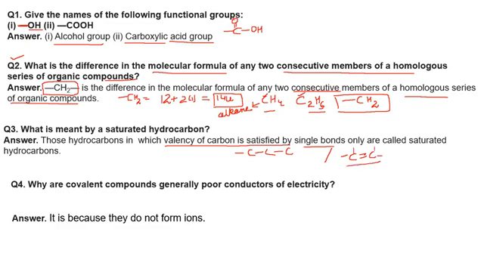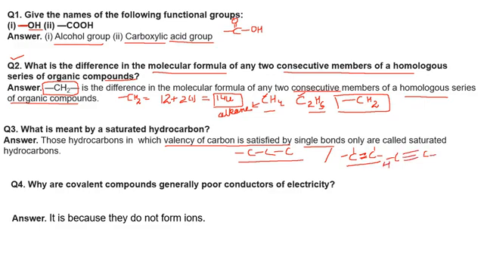This is an unsaturated hydrocarbon, but that doesn't mean the valencies are not saturated. They are saturated, but this bond can easily be broken down, and then again the carbon has unsaturated bonds. So single bond carbon atoms are saturated and double or triple bond carbon atoms are unsaturated. Clear?